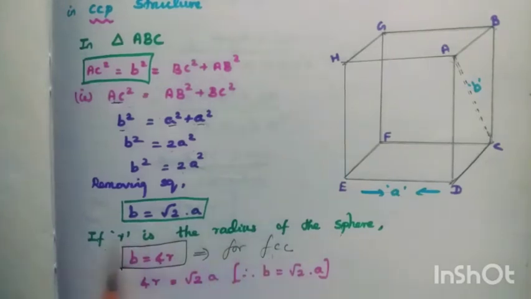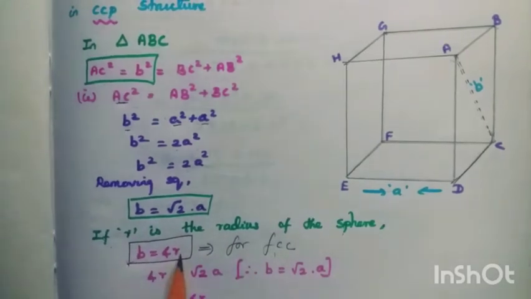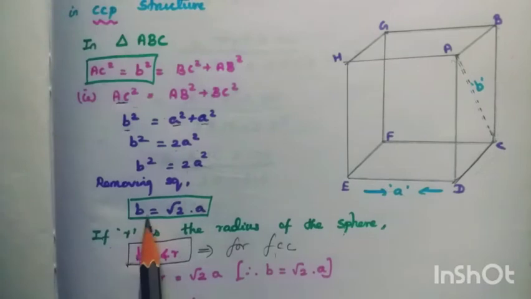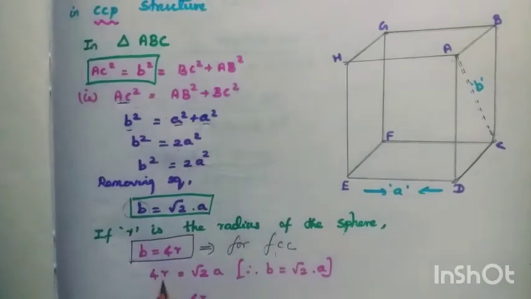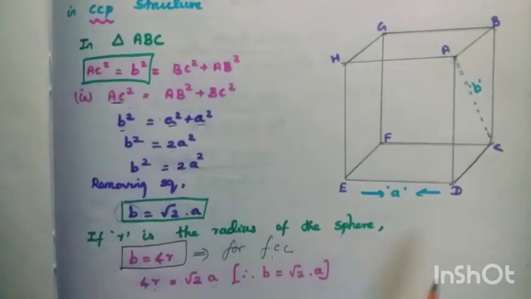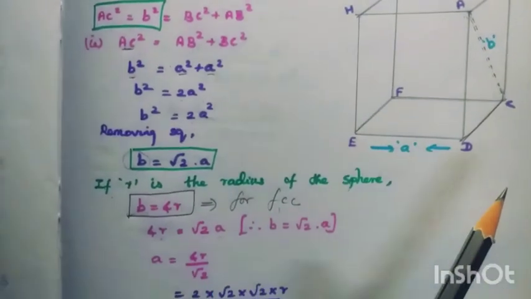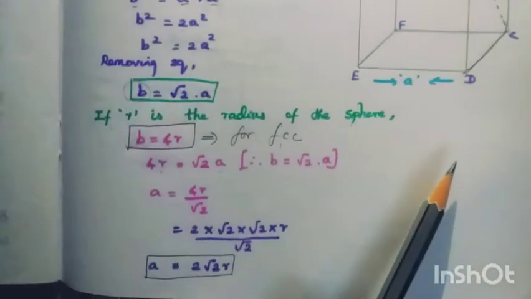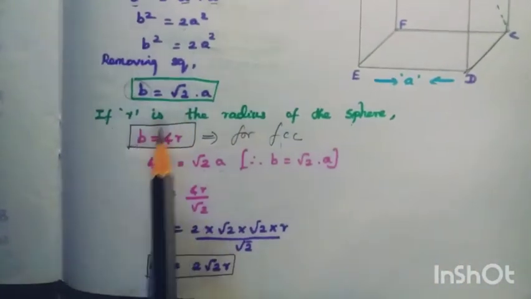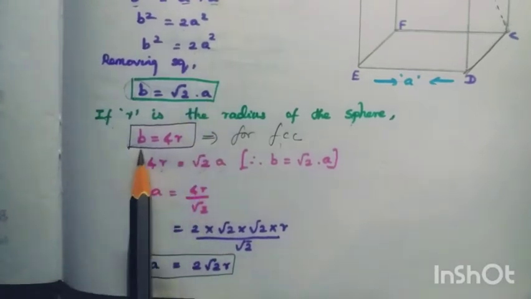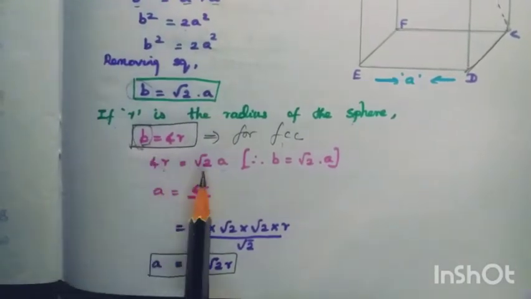For FCC, B is equal to 4R. So instead of B, we can write 4R, that is, 4R is equal to root 2 A. Instead of B, we write root 2 A.